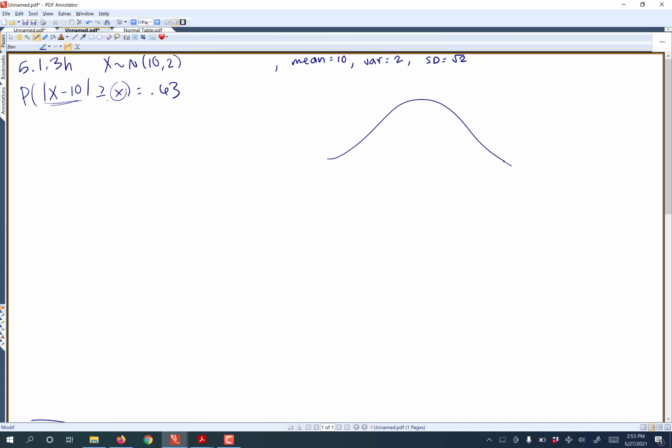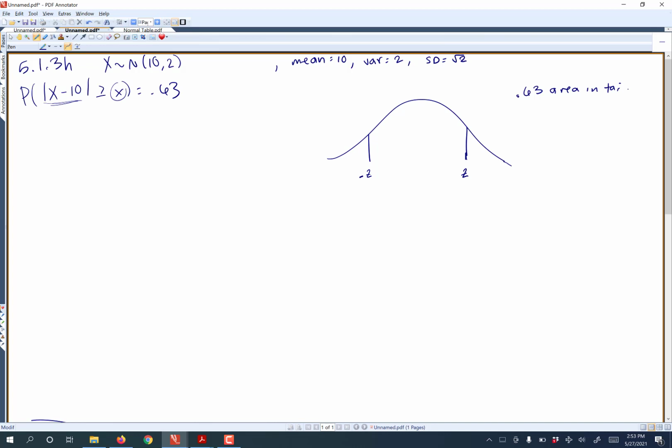Well, when you look at inequalities, if you want the absolute value is greater than or equal to, that actually means that you're looking for the tails. So if I was to look at the standard normal table, I'm going to have a positive z value and a negative z value. Eventually I want to figure out which x value will give me 0.63 area in the tails.